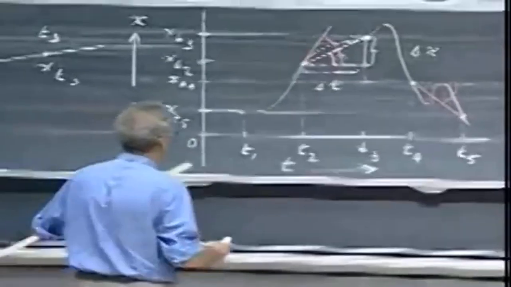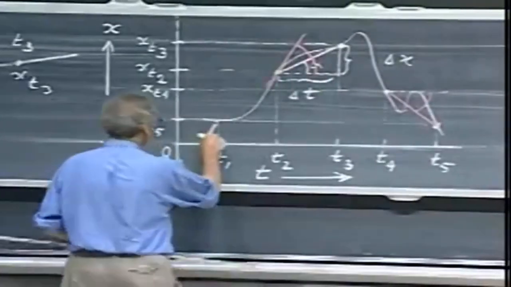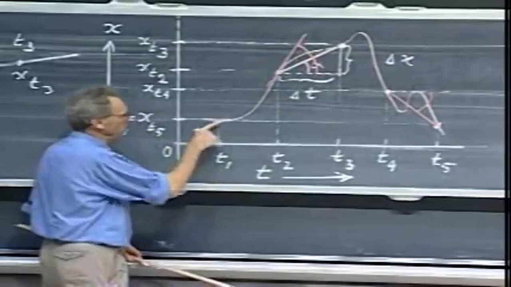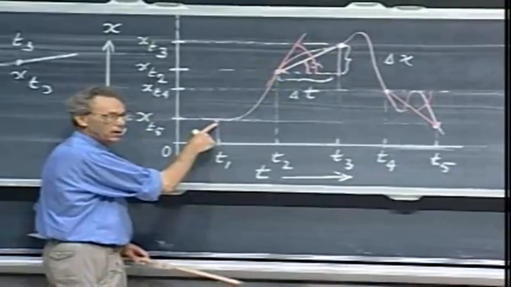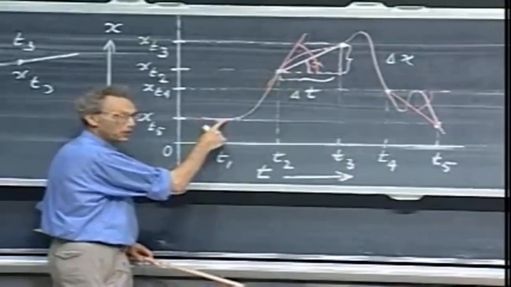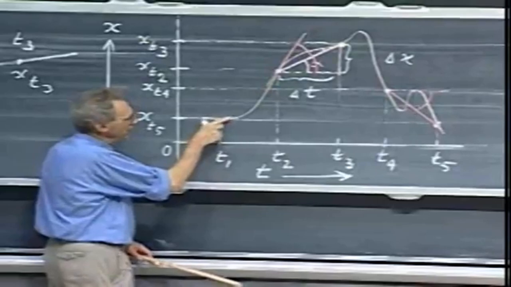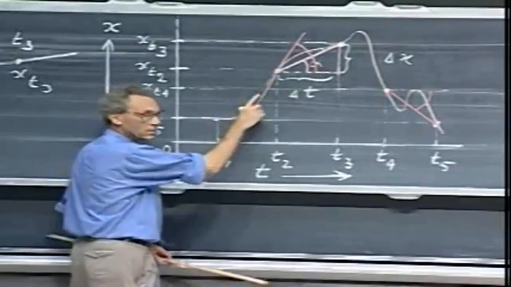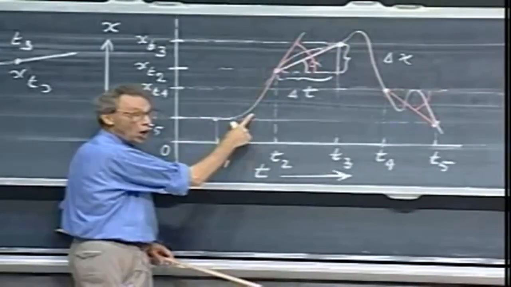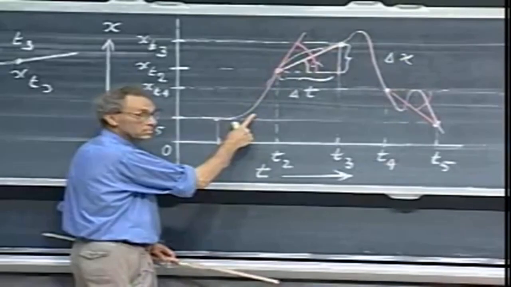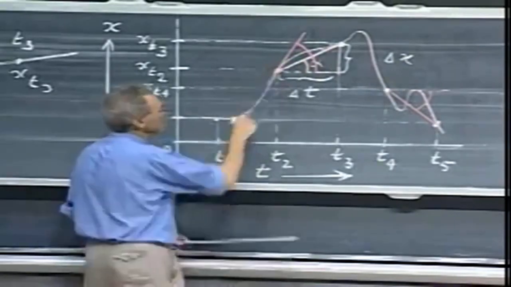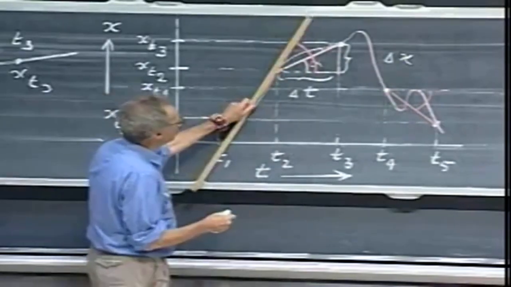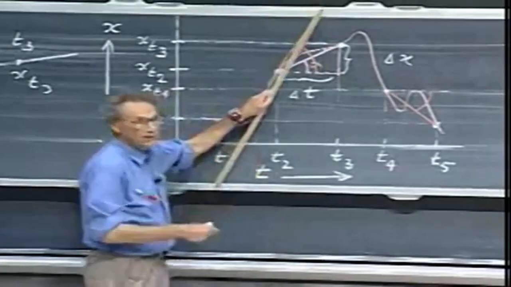Well, right here, the velocity is not changing. So the acceleration everywhere here must be 0. Here the velocity is increasing. So the acceleration must be larger than 0 here. Here, the velocity is almost constant. It's almost a straight line.